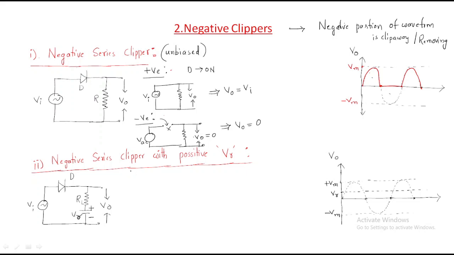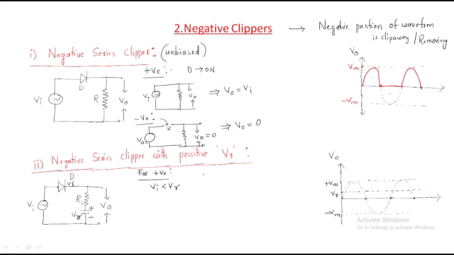Now look at the positive wave cycle. VR is applied across this. For the positive wave, first condition: if the input is less than VR, what happens?